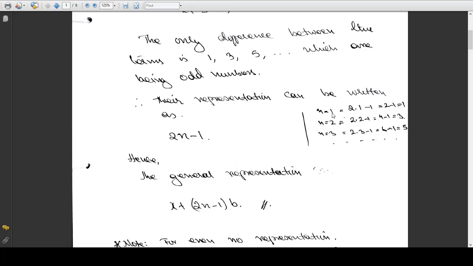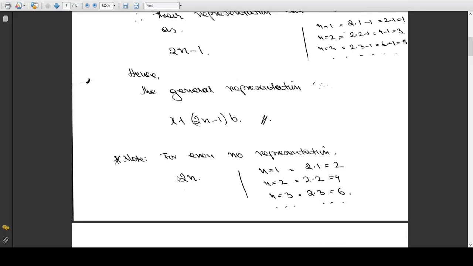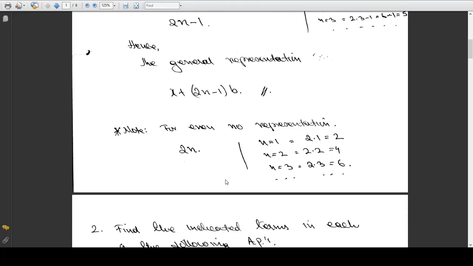If you put n equal to 1, you will get 2, n equal to 2, you will get 4, n equal to 3, you will get 6. Okay. Now the question may ask for the odd number, or it may ask for the even number, but the general representation will be: if odd, you will have to write 2n minus 1. If it's even, you just write 2n. Okay, here I've given you the 2n representation.